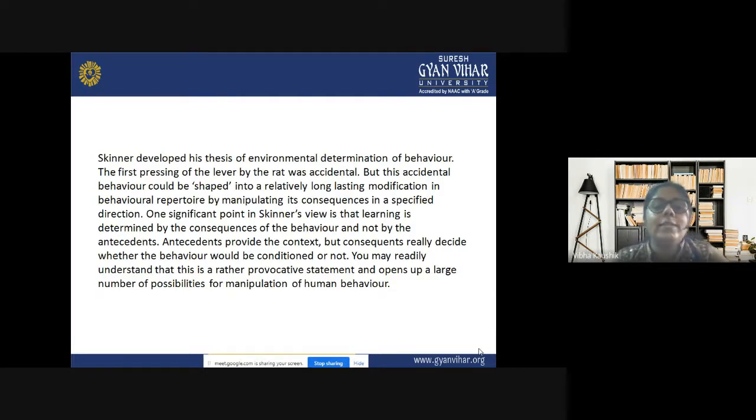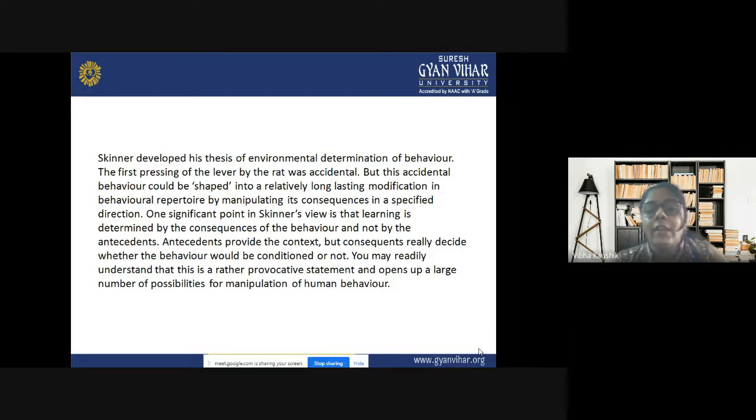Repeated by manipulating its consequences in a specified direction. One significant point in Skinner's view is that learning is determined by the consequences of the behavior. What are the consequences? Whether we will get any reinforcement for that behavior or not.